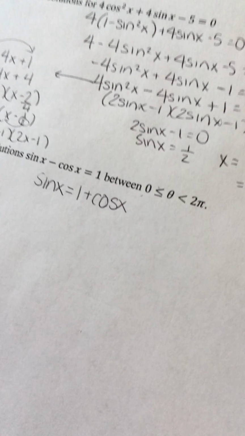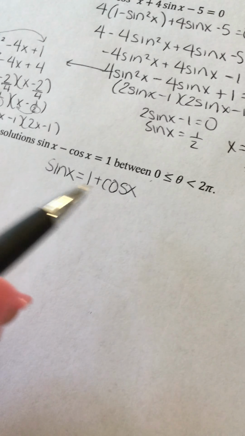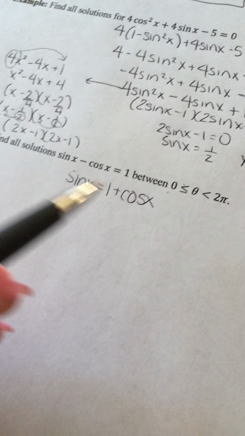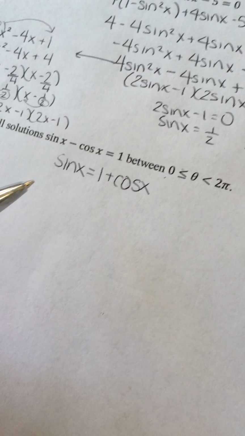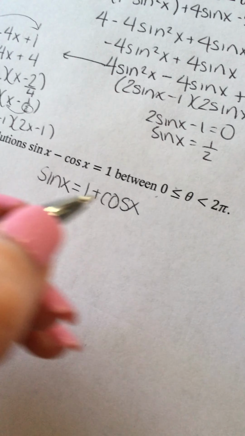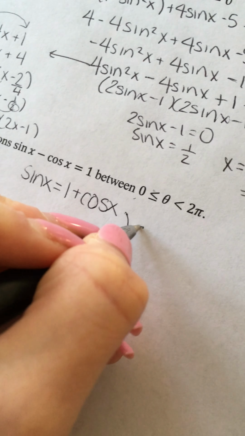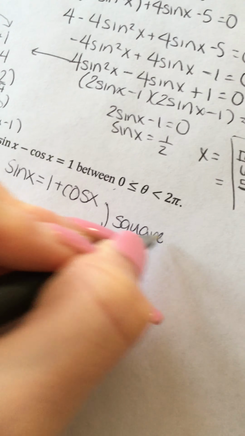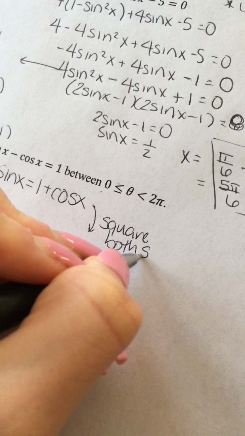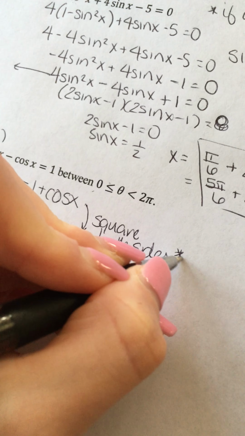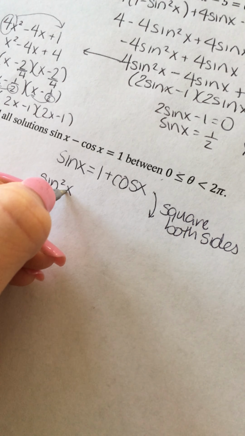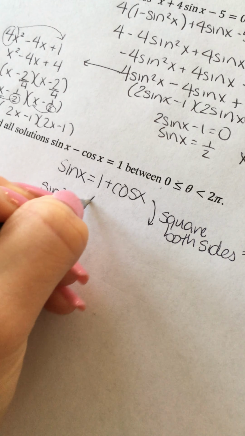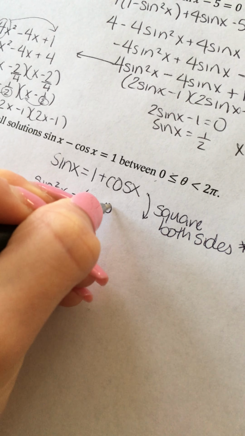Now, the next thing I'm going to do, because we don't have any identities that relate sine of x and cosine of x, they don't exist, right? So what I'm going to do is square both sides. And I'm going to put an asterisk right there, and I'll explain why in a second. So I'm going to square sine of x, and I'm going to square 1 plus cosine of x.